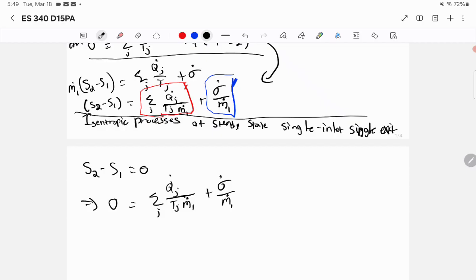That would be an example of an isentropic process.